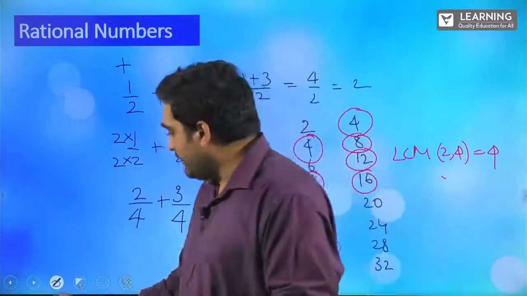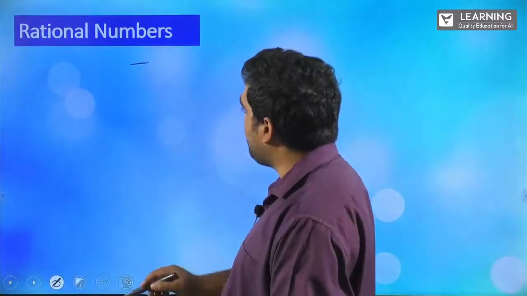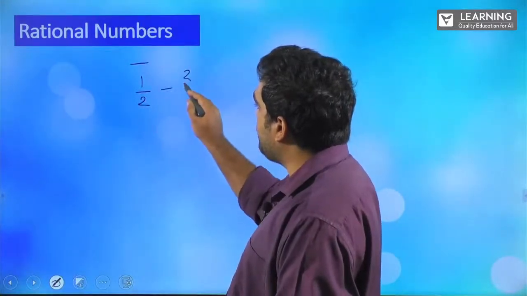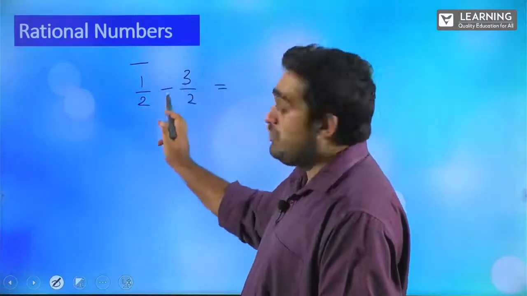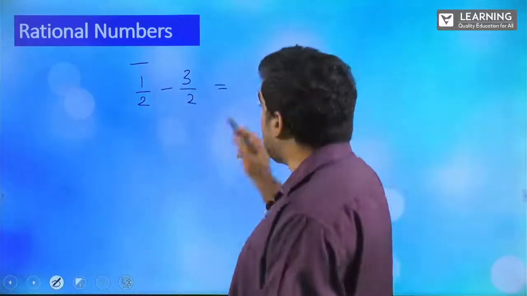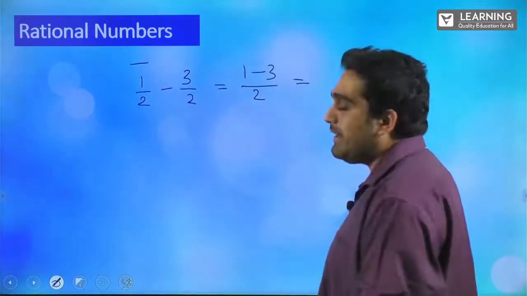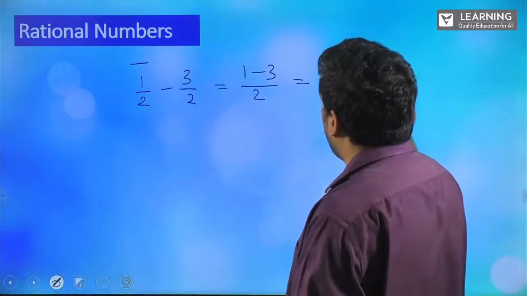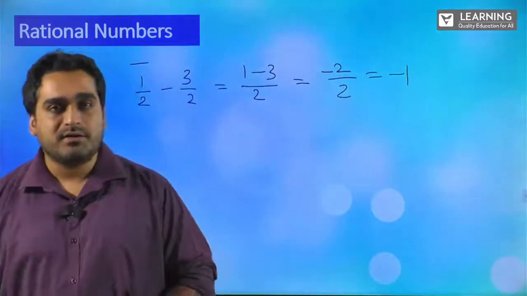The same thing can be done for subtraction of two rational numbers. Let's take the case of 1 by 2 minus 3 by 2. Subtract the numerators because the denominators are the same. 1 minus 3 is minus 2, and that is how you obtain the answer, minus 1.